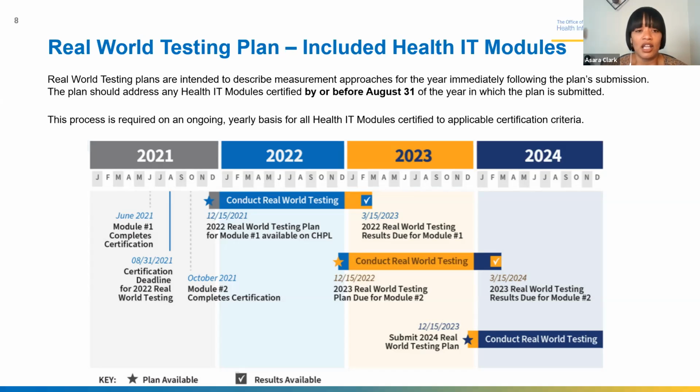With that said, the module number 1 that we conducted real-world testing on in 2022, if that certification is still being maintained and still active, it will also be included in the 2023 plan. So you don't just real-world test your module once after it's been certified. As long as you've maintained the certification, it should be included every single year thereafter.